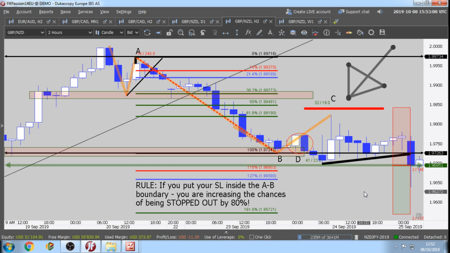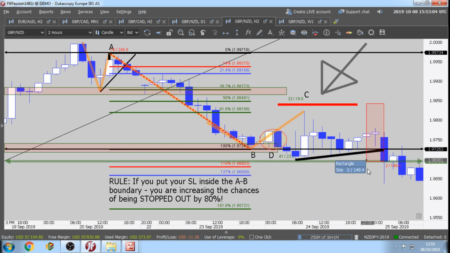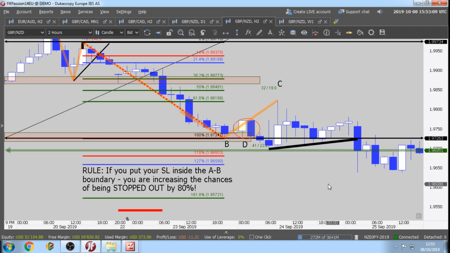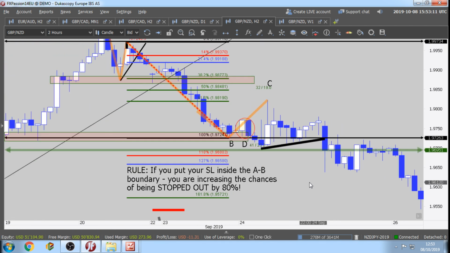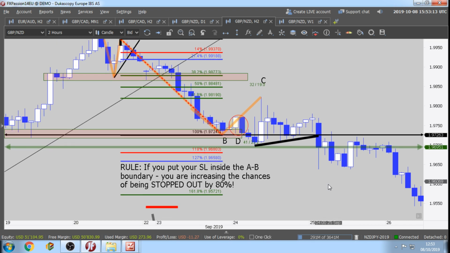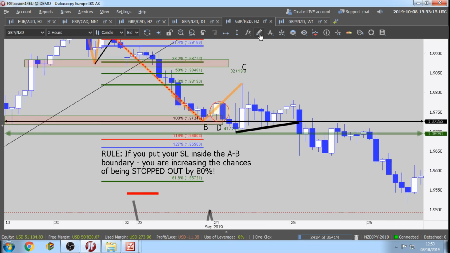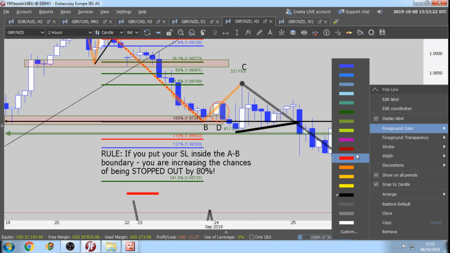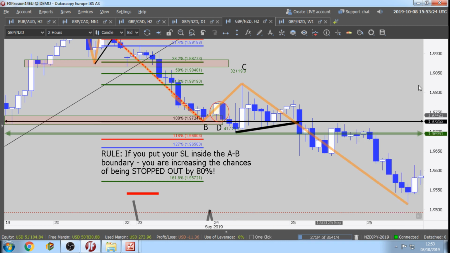Okay? We have 3 more minutes. Let's see how it's going to play out. So risk reward, I'm going to delete. The market's moving sideways and bam, hit the extension and formed a new low. This is the new low, A, B, C, D, right?